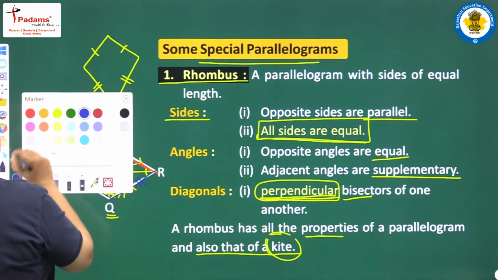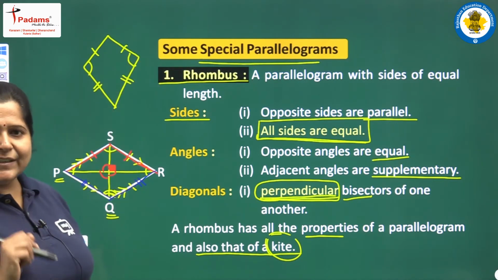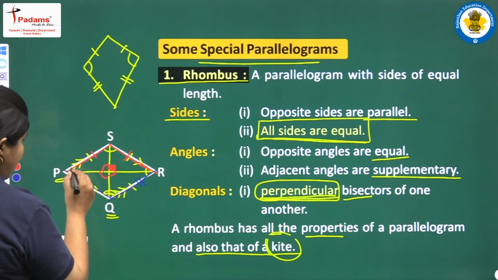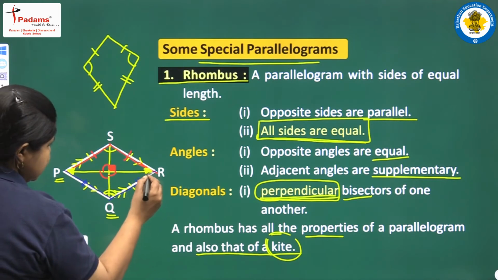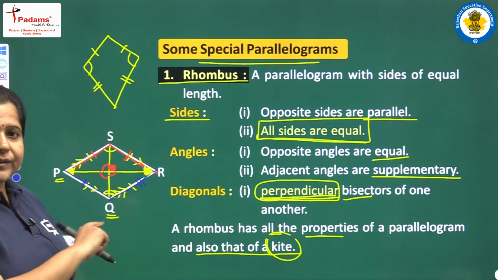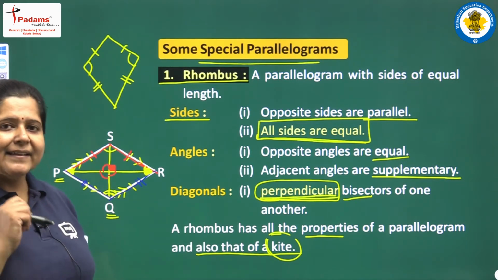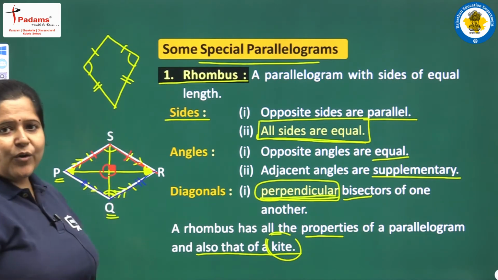Also, in a kite, one pair of opposite angles is equal, and in a rhombus also we have this pair of opposite angles equal. We just now discussed angle P is equal to angle R in this figure. So here also we are having this pair of opposite angles equal. So we can see that a rhombus has the properties similar to that of a kite.